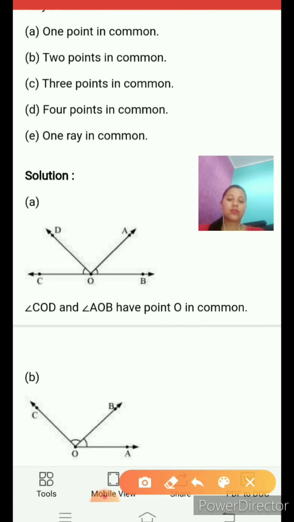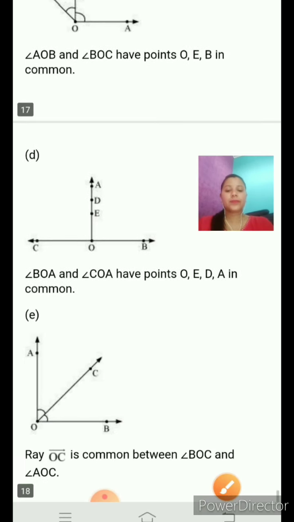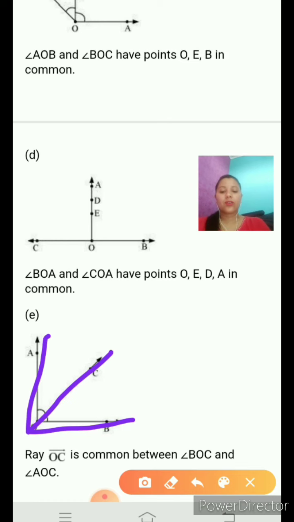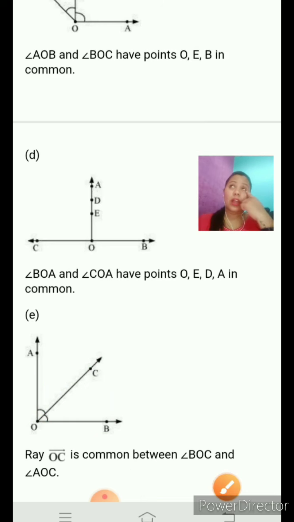Now just check the answer of question number E, that is here: COB and AOC, and they are sharing one common ray, and that is OC. Okay, clear?